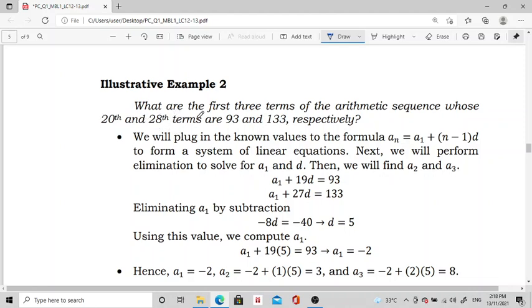So, para ma-solve natin yung ganitong problem, we make use of the idea na ang arithmetic sequence kasi, so here's a trivia, ang arithmetic sequence kasi, pag ginraph natin yan, ang itsura ng kanyang graph ay isang line, at makakabuo nga tayo ng parang linear equation.